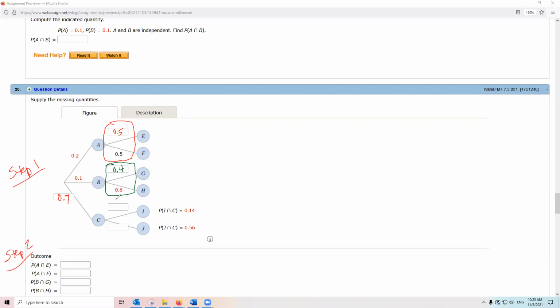All right, let me come down to this blue box. Here is a little bit of a tricky proposition because none of the boxes are filled in. But what they're telling me is the probability of I and C is 0.14. So let me call this X as an unknown quantity. Well, I know that 0.14 would have to equal the multiplications along this branch.